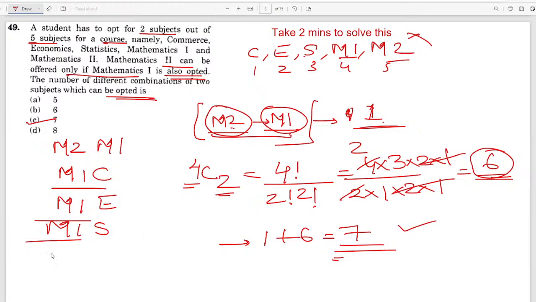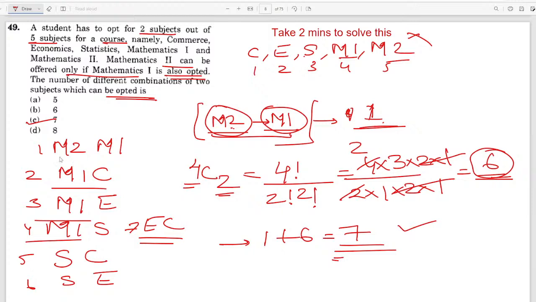And then if you take S, SC, and SE, if you take E, EC. These are 1, 2, 3, 4, 5, 6, and 7. These are the 7 combinations that you can take.